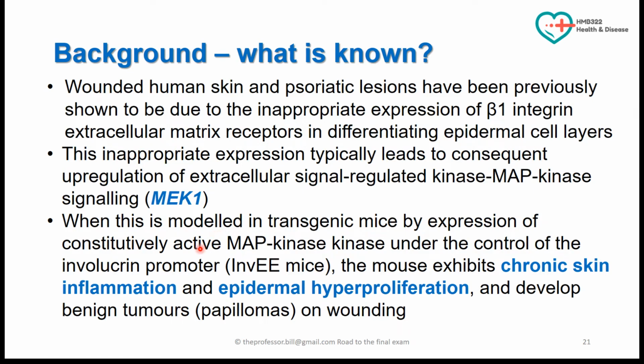So one of the things that we try to do, and we talked about this way back at the beginning of the course, is to come up with animal models of these different types of disorders.